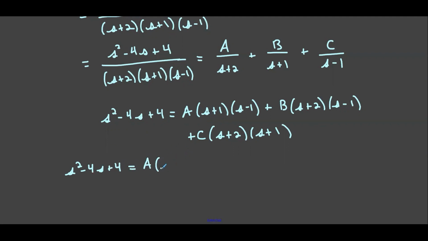We get a times s squared minus 1, right? So sum and difference. Then b times, let's see, s squared minus s plus 2s minus 2. And then c times s squared plus s plus 2s plus 2.